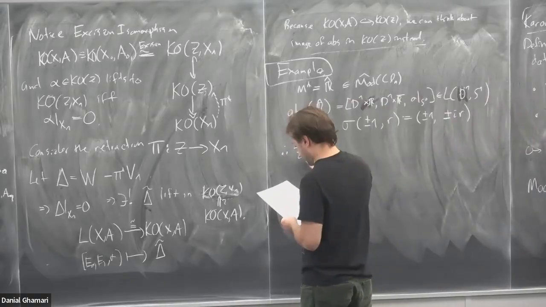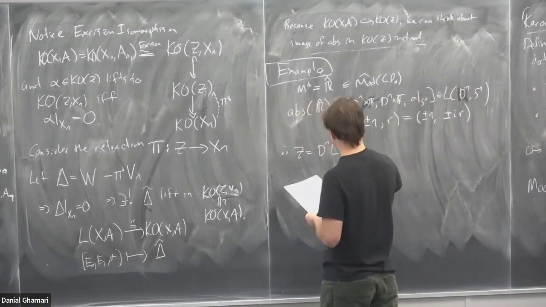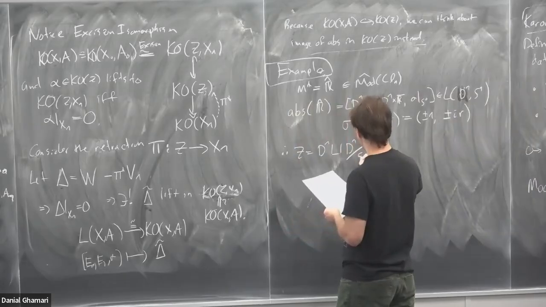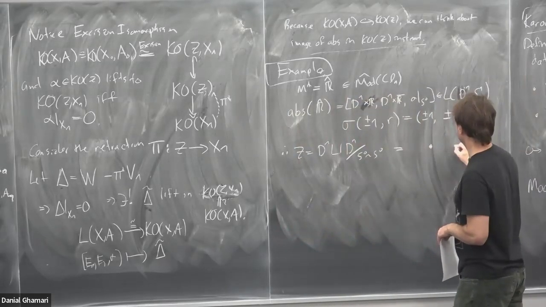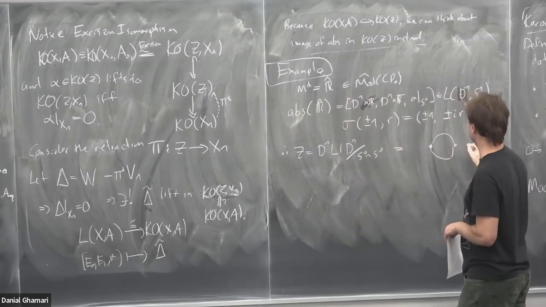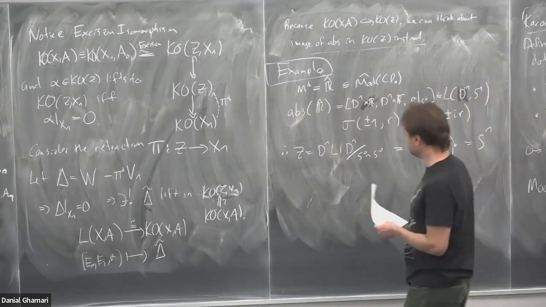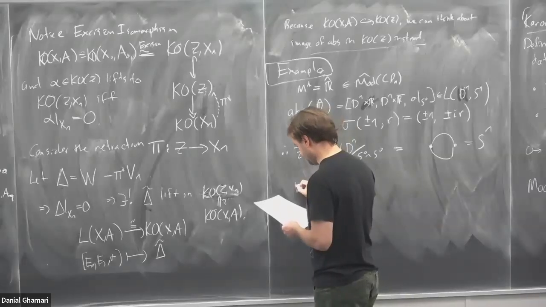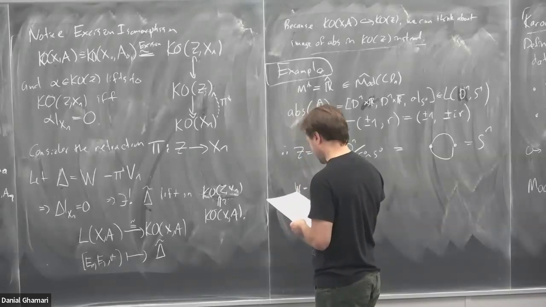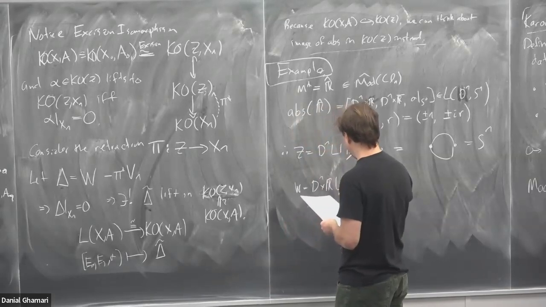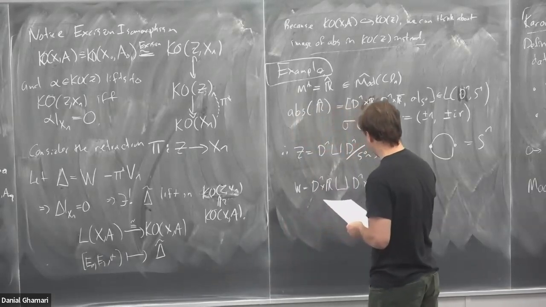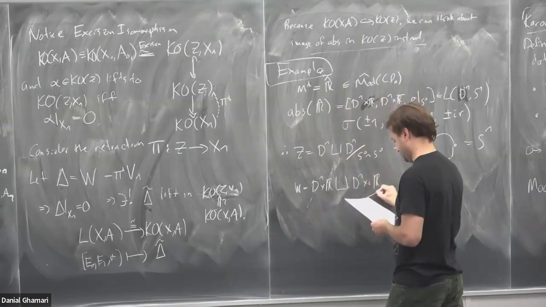So when we form our Z, E1 union E1 over S0, identified with S0, we get the circle. Our W that we construct, okay.